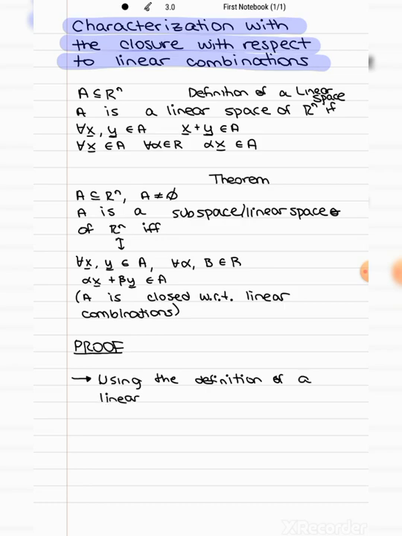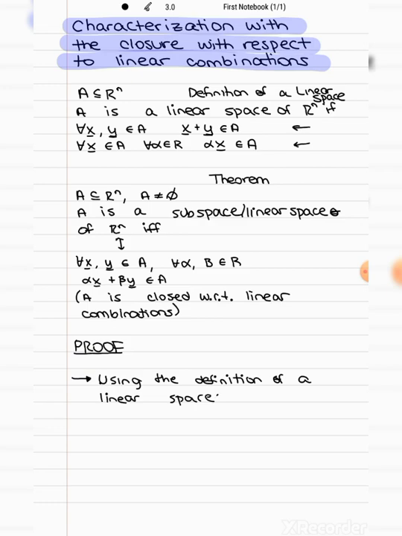And say that if we know that it's a subspace, then we know that, as we set up here, every sum has to belong to the set, and also every multiple of every vector has to belong to the set.